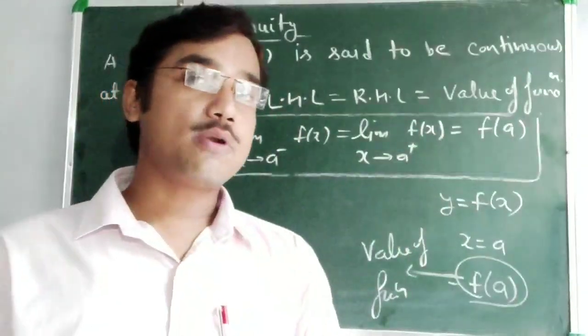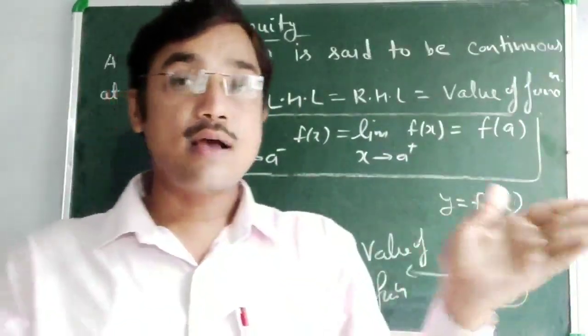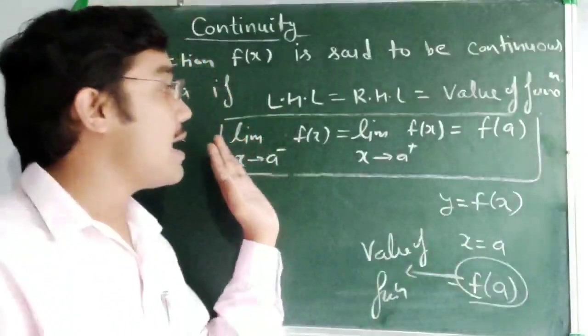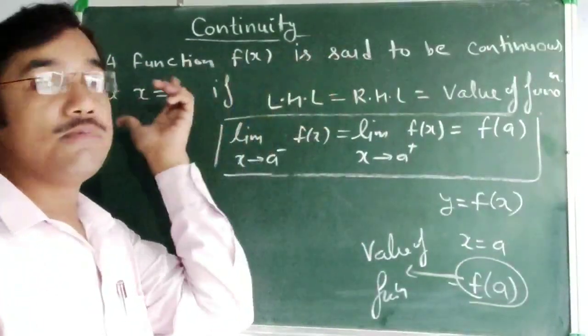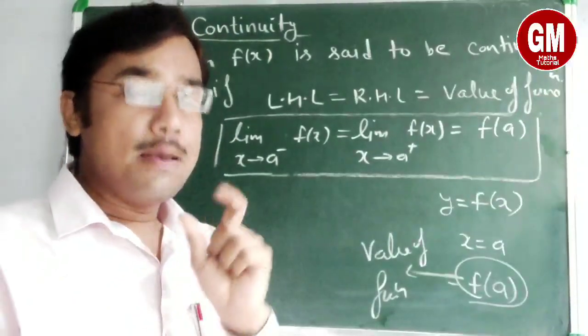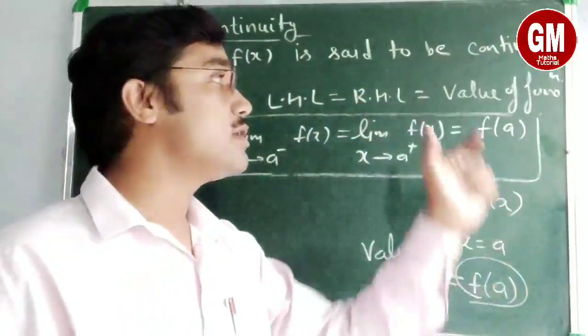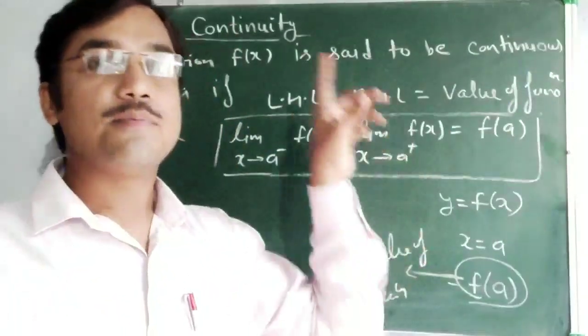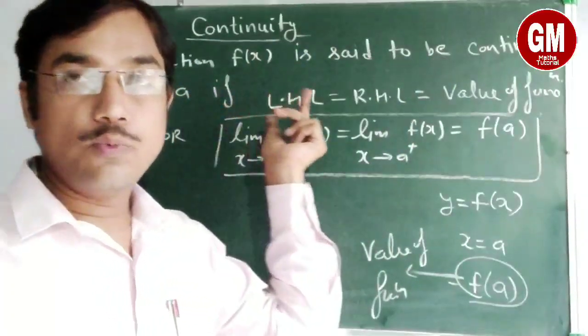If we find these three separately and they are equal to each other, then we say the function f(x) is continuous at x equal to a. My meaning is that if left hand limit equals right hand limit equals the value of the function, then the function is continuous at the particular point x equal to a.